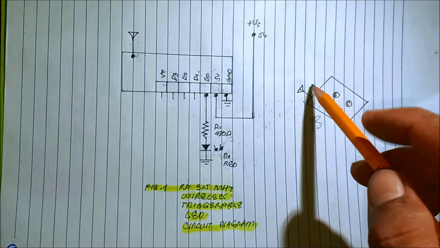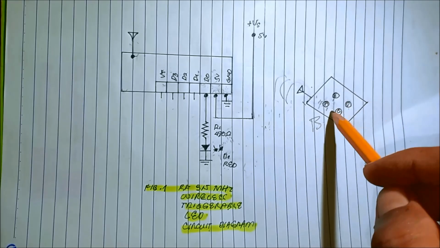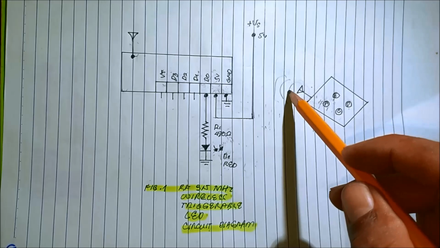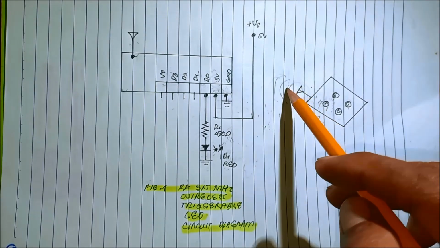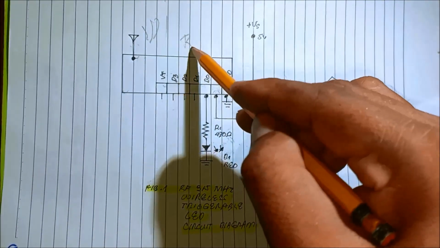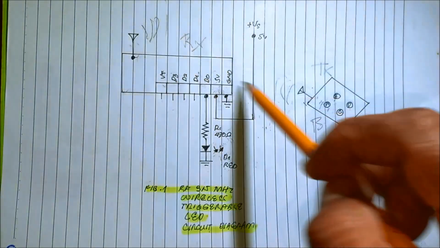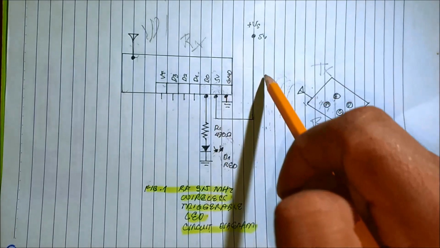When we press the button, the transmitter, which is the remote control I use, emits a signal and being received by the receiver. So this is RX. This one is TX. The signal travels to the air.